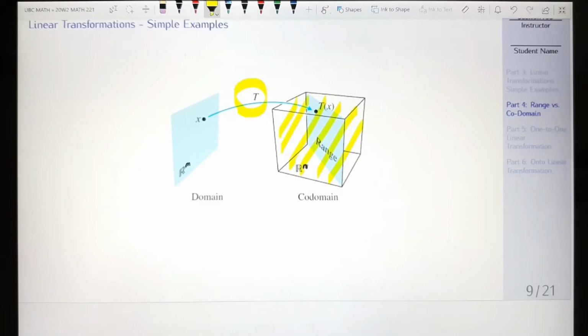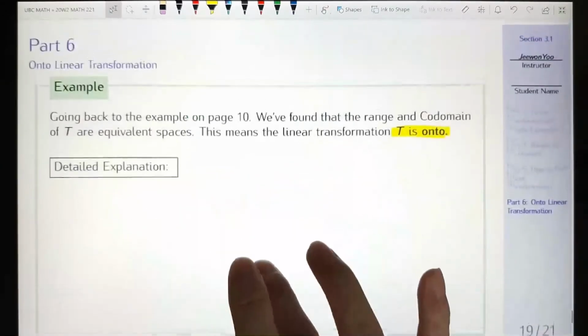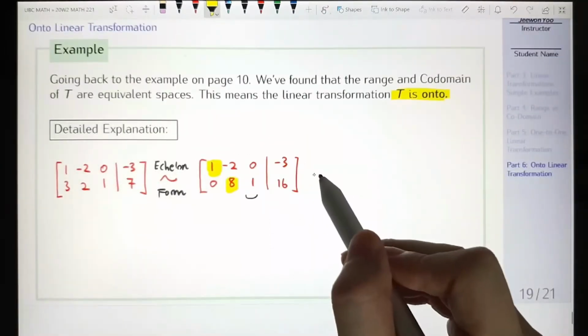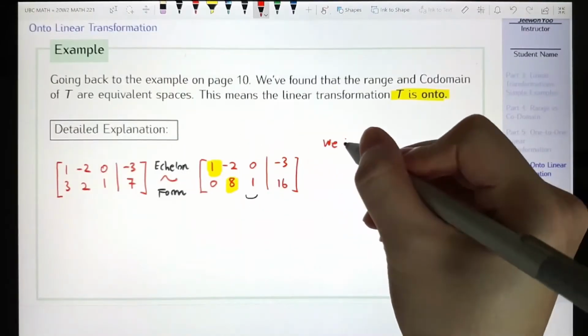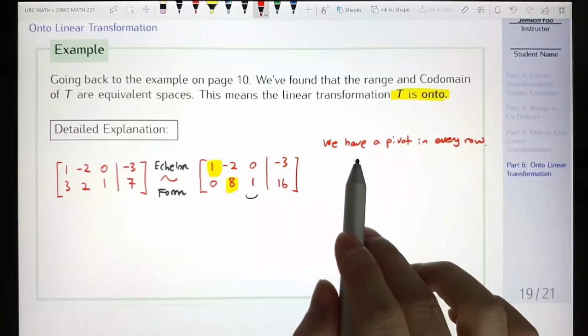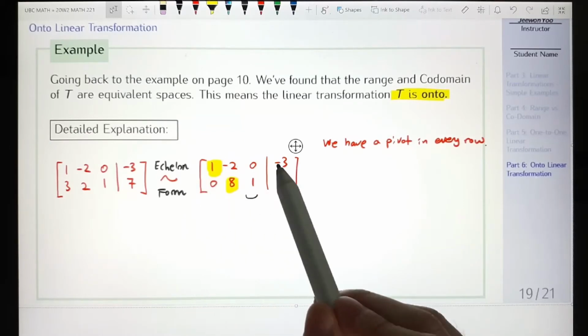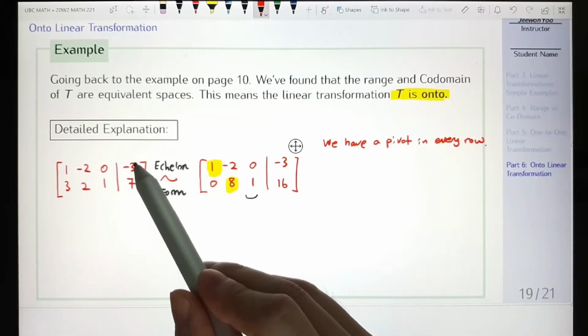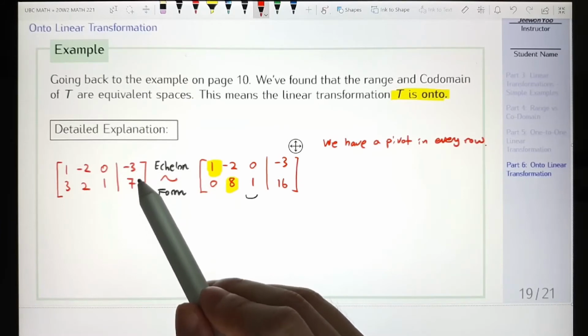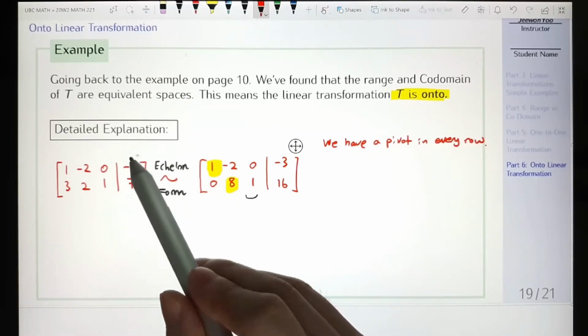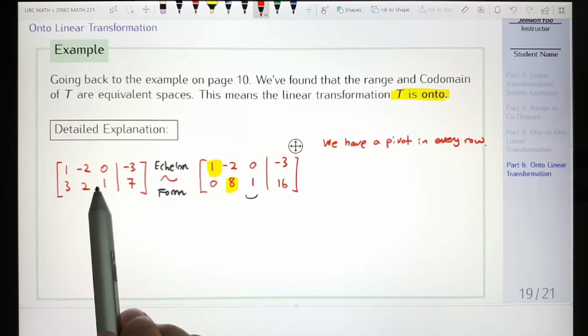Does that make sense, everyone? So here's the answer. We have a pivot in every row. What does that mean, everyone? It means for any choice of B in the codomain, you can write this B as a linear combination of the columns of matrix A.